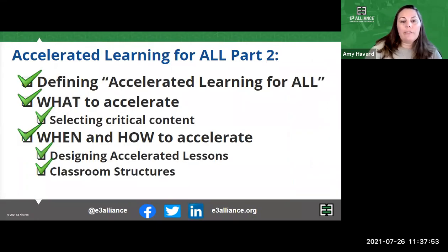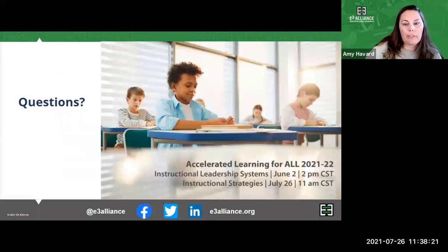So now that we've looked at accelerated learning for all, starting by defining it and what does it mean, Teri really took us through a great example of really thinking about what to accelerate and being very purposeful about selecting that critical content. Then Teri and I have showed you some different ideas about when and how to accelerate, both by thinking about what those accelerated lessons are and looking at some classroom structures that might work for you.